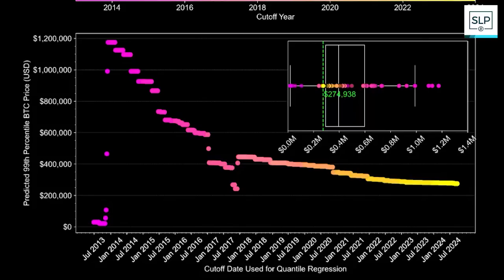And then once you start running it in 2020, you're estimating around 400,000, and now in July, we're a little above 200,000, or 274,000 the last time I ran this.